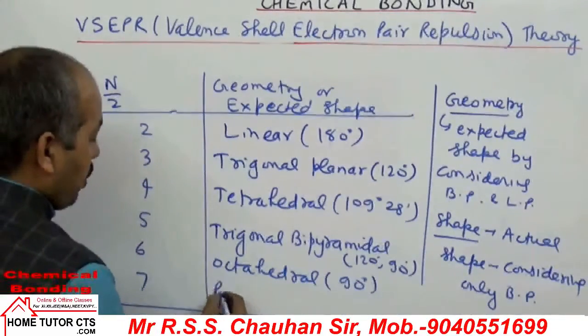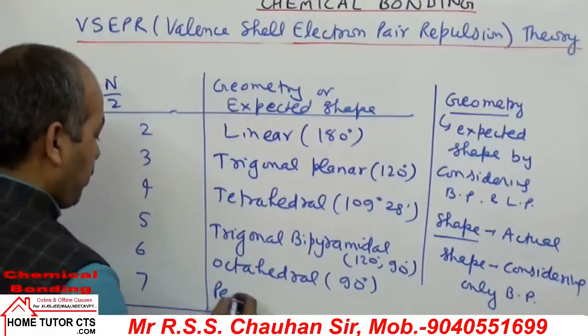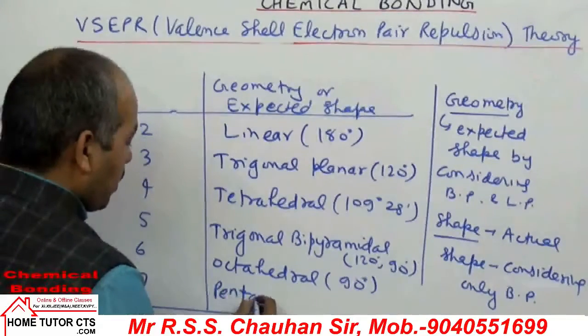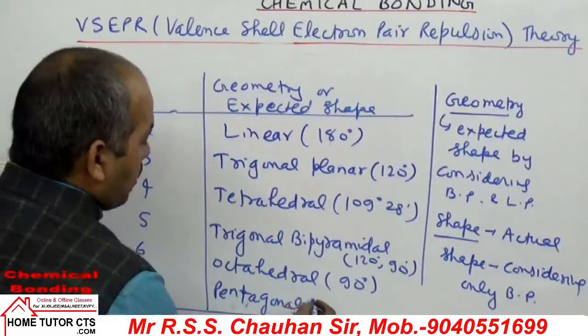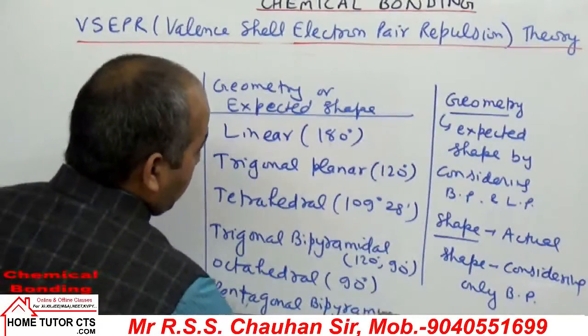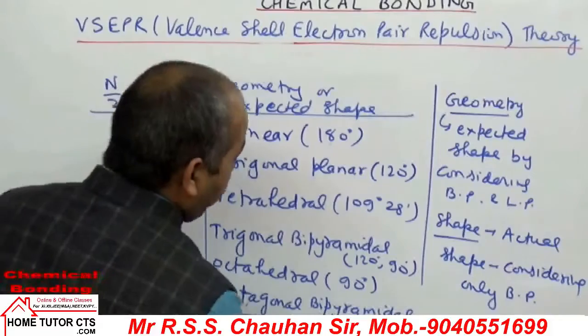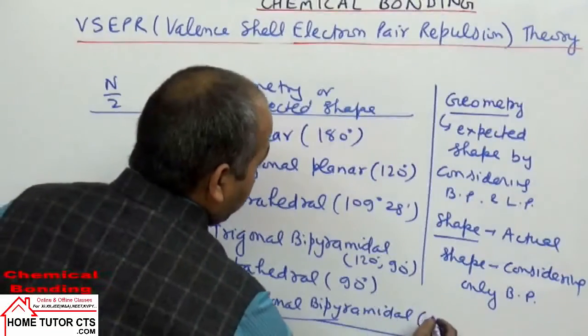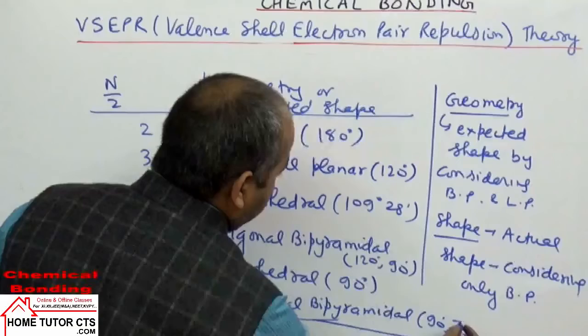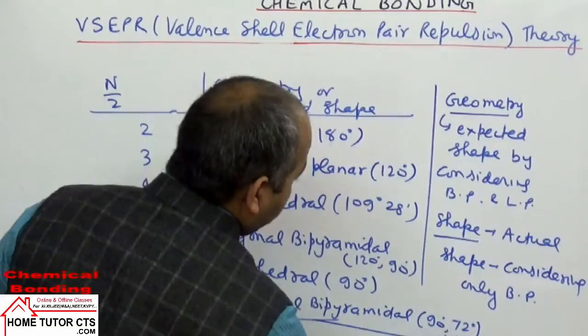For 7, the shape is called pentagonal bipyramidal. They again have 2 kinds of angles, 90 degrees and 72 degrees.